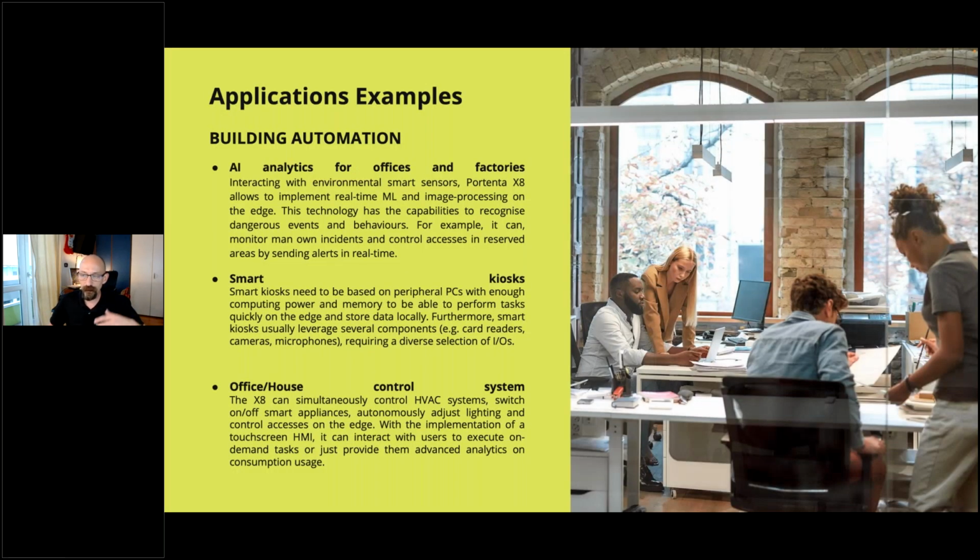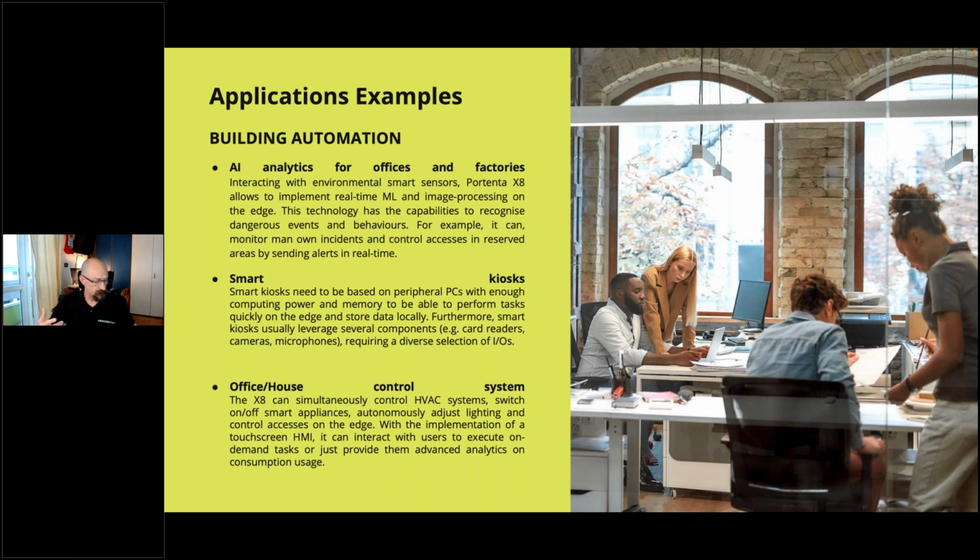Into another field of applications, building automation, we can have an example of AI analytics for offices and factories. You can interact with environmental smart sensors. You can add ML, machine learning, and AI activities on the edge. So you can monitor how many incidents there are or control access to reserved areas, sending alerts in real time.